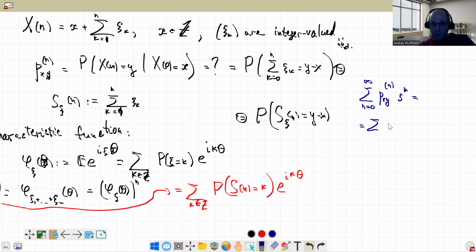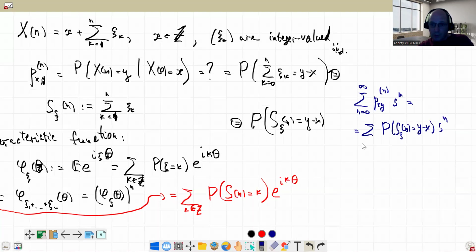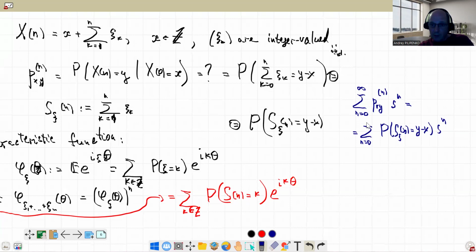So the sum of the probability that X_n is equal to y minus x, s to the power n, and this is equal to U_xy(s).